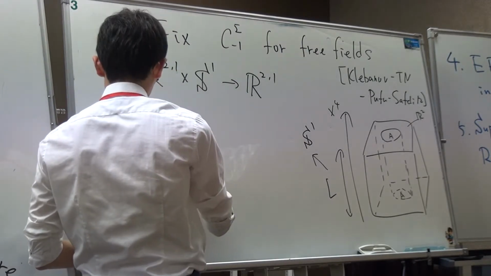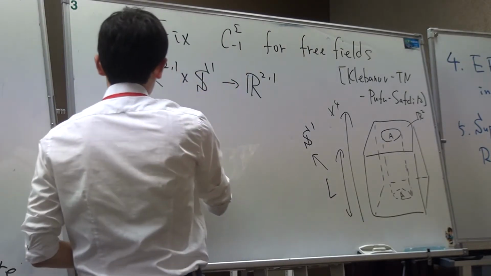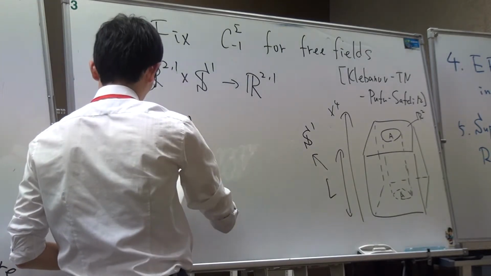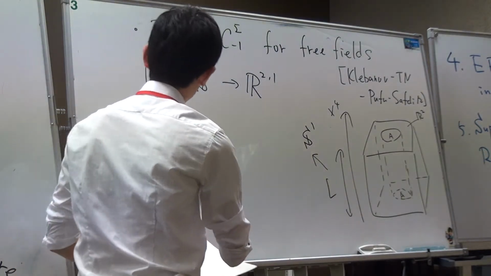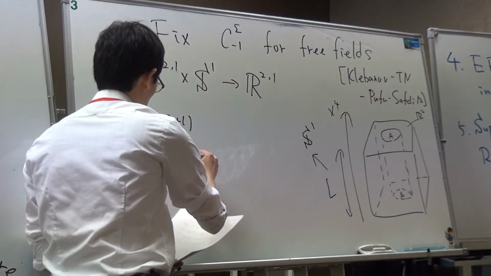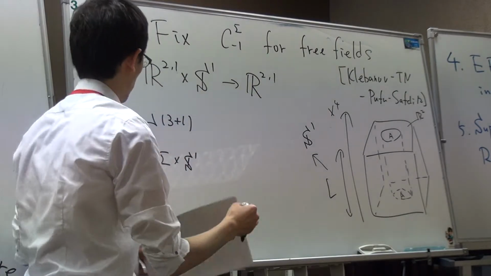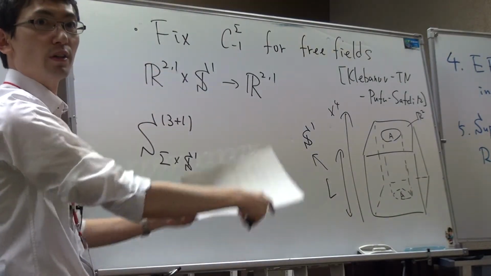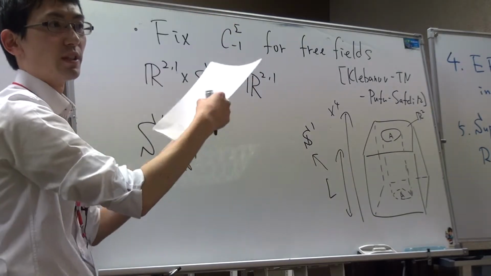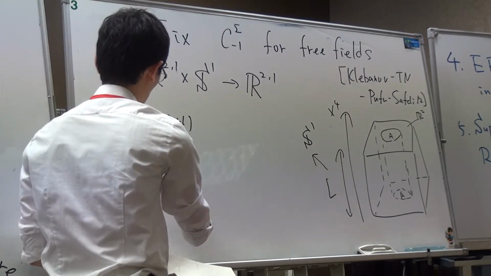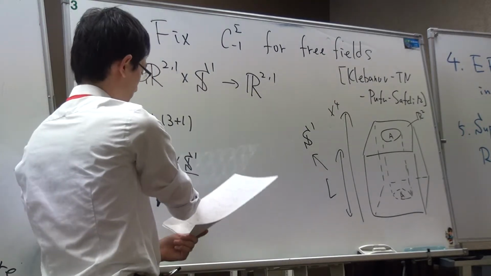So I consider the entanglement entropy in 3+1 dimensions, where I have an entanglement surface sigma times S1, because I extend the 3-dimensional entanglement surface to 4 dimensions. In 4 dimensions, the entanglement surface is 2-dimensional. That's why I have sigma times S1 here as an entanglement surface.